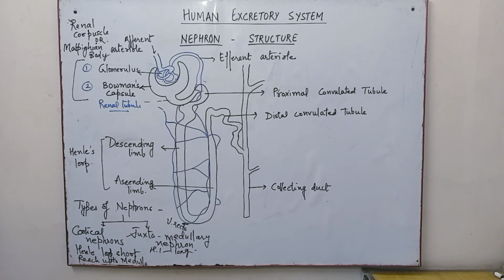When we talk of the function of the nephrons, in broader terms, or in more elaborate form, we talk of kidneys. They help in maintaining the fluid balance of the body.